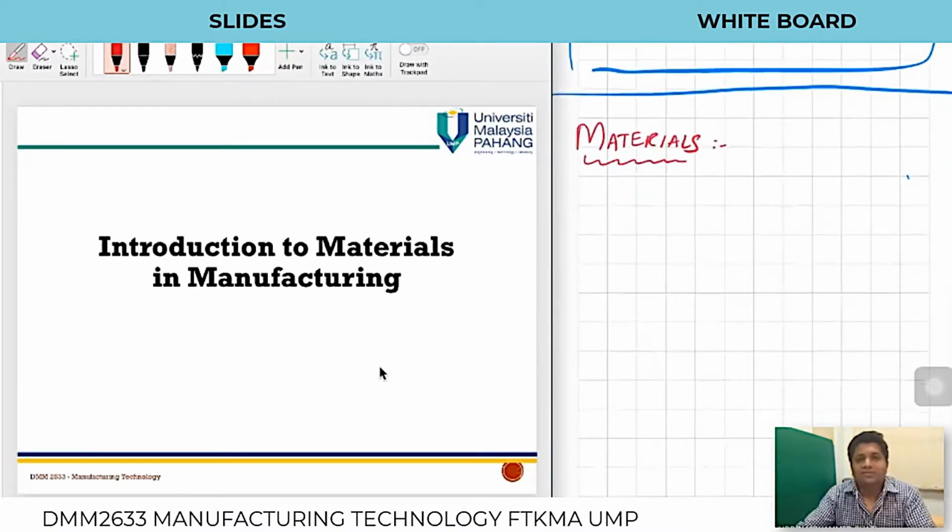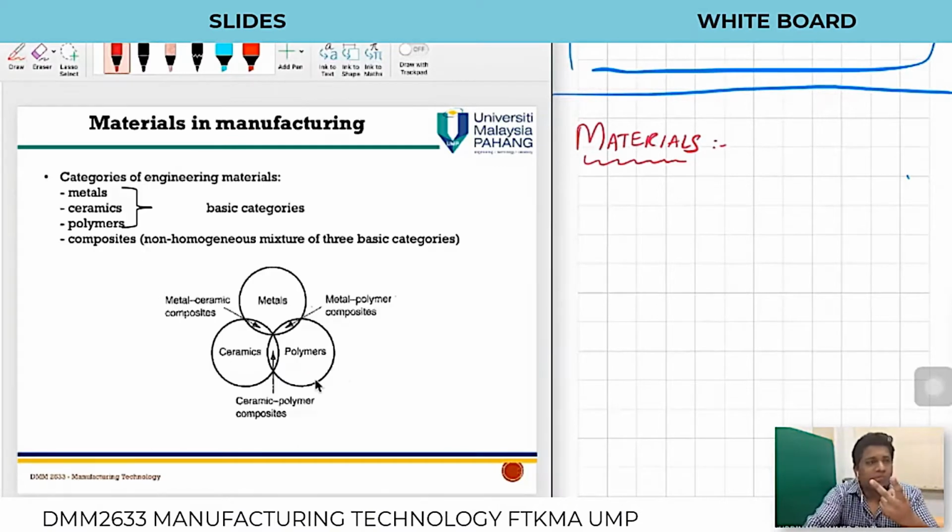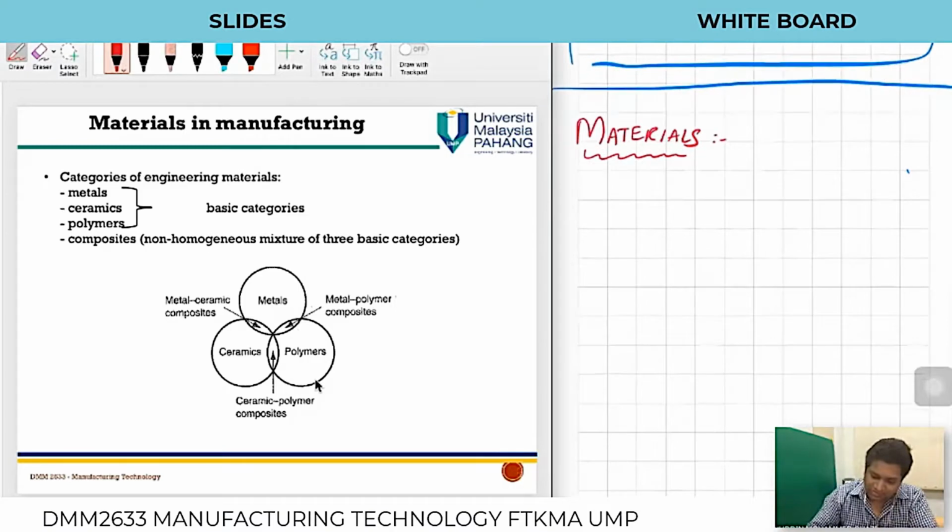In general, we usually have three basic types of material: number one, metals; number two, polymers; number three, ceramics.